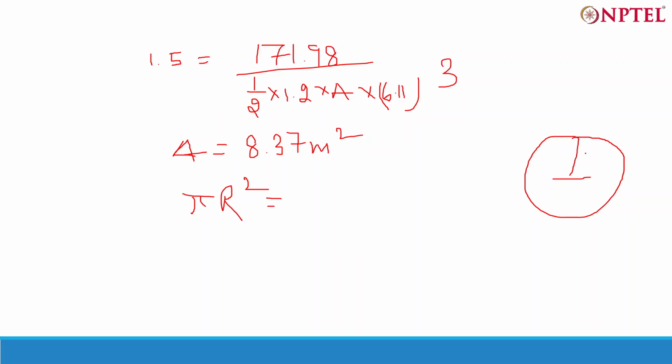Your radius of circle will be the radius of the rotor. The rotor will move in a circle. So 8.37 divided by 3.14, and now take the square root. 2.6656, so 1 point something is coming as the answer, 1.633 or something.